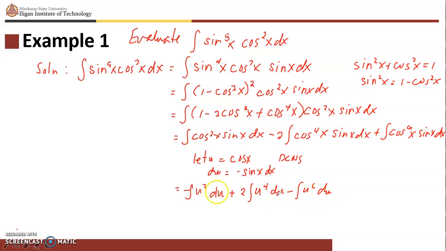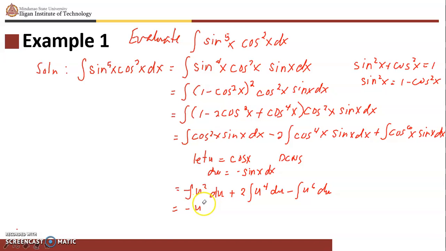When we integrate that, that becomes negative u to the third, because we actually add 1. Let me make that one clearer and erase.